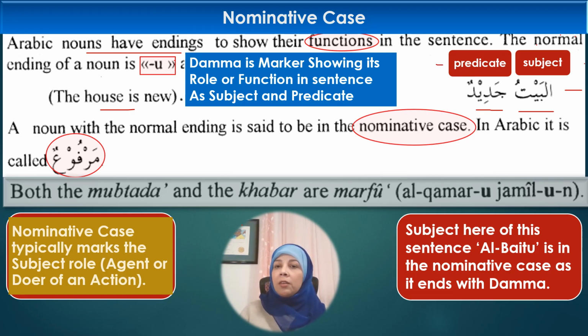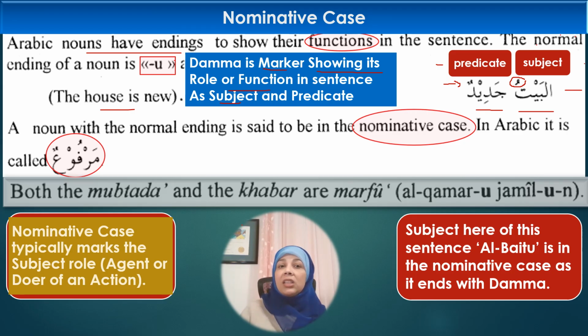Now observe that al-baytu ends with a dhamma. So this dhamma is a marker showing its role or function in the sentence as a subject. And jadidun also has a tanween dhamma in its ending, and this ending also serves as a marker showing its role as a predicate in the sentence.